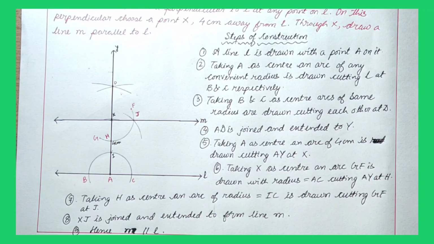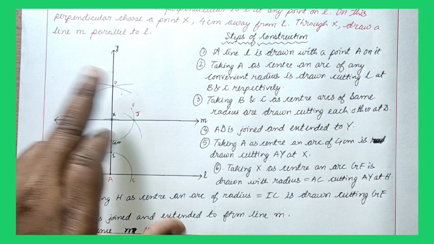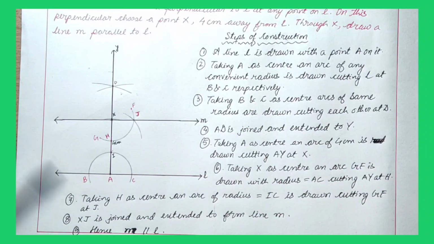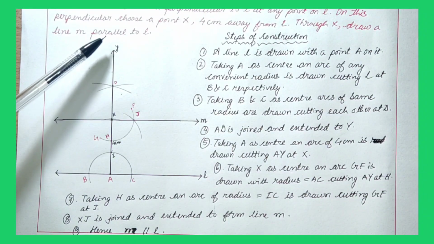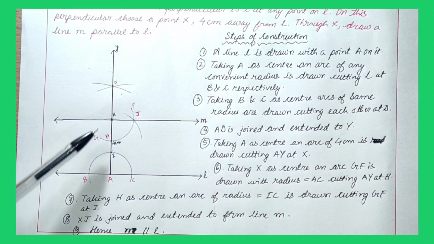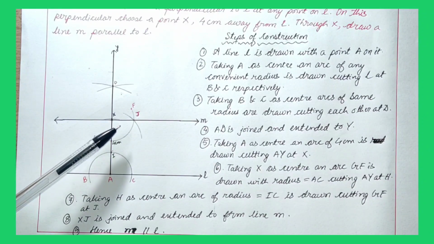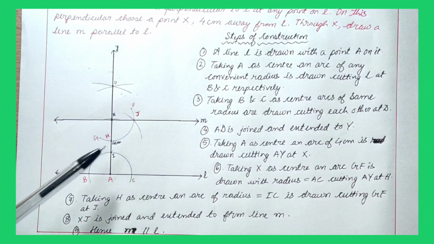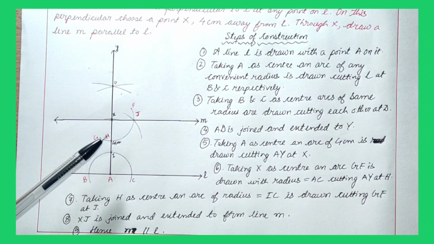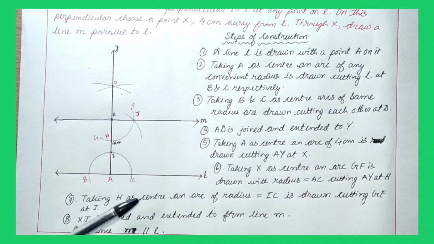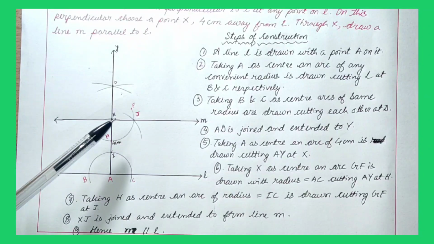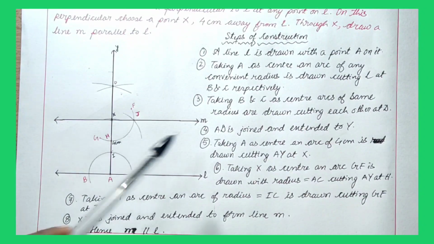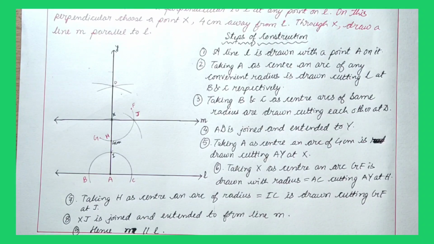Then taking A as center, an arc of any convenient radius is drawn, cutting L at B and C. Then taking B and C as centers, arcs of same radius are drawn, cutting each other at D. Then AD is joined and extended to Y. Then taking A as center, an arc of 4 cm is drawn, cutting AY at X. Now taking X as center, an arc is drawn, say GF, cutting AY at H. Now taking H as center, another arc of radius equal to IC is drawn, cutting the previous arc GF at J. Now XJ is joined and extended to a line M, and hence M is parallel to L.